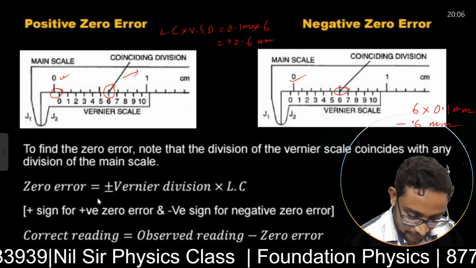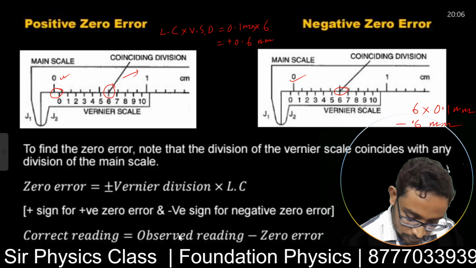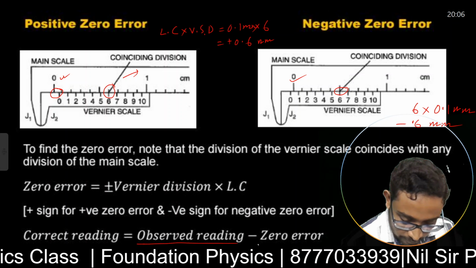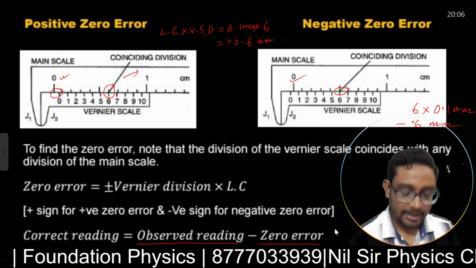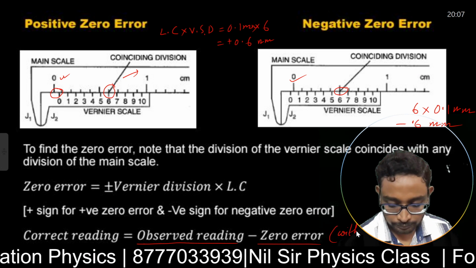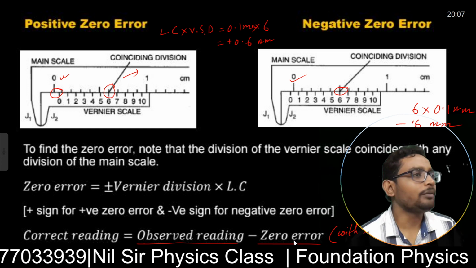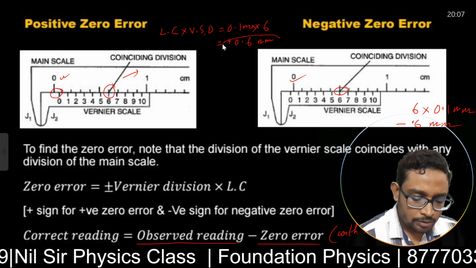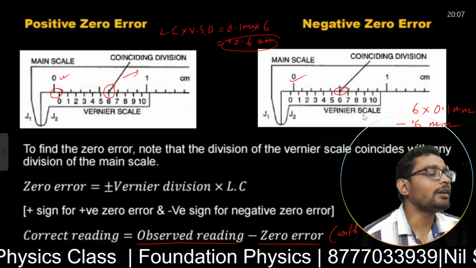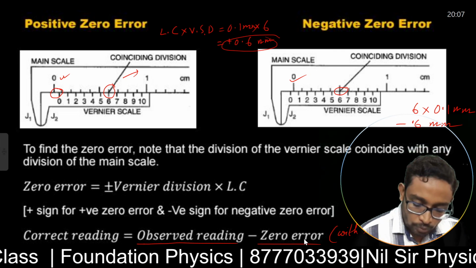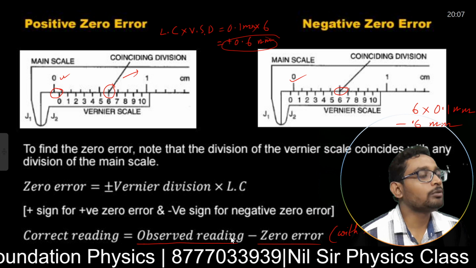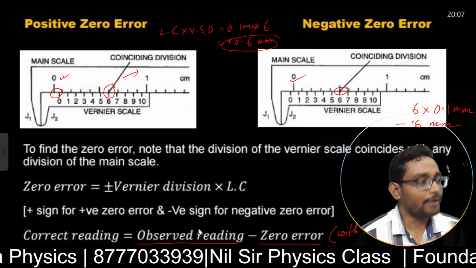Actual reading equals the observed reading minus the zero error, with sign. Sign means if it is positive zero error, you put the value +6. If it is negative zero error, put -6 within brackets. Negative negative will give you positive. Okay.